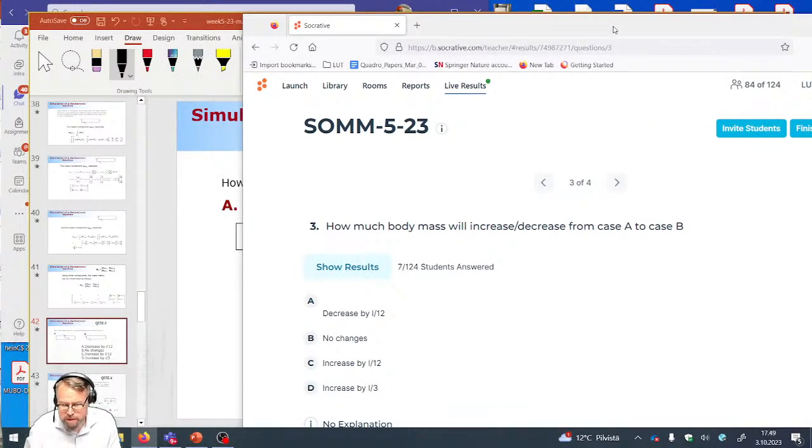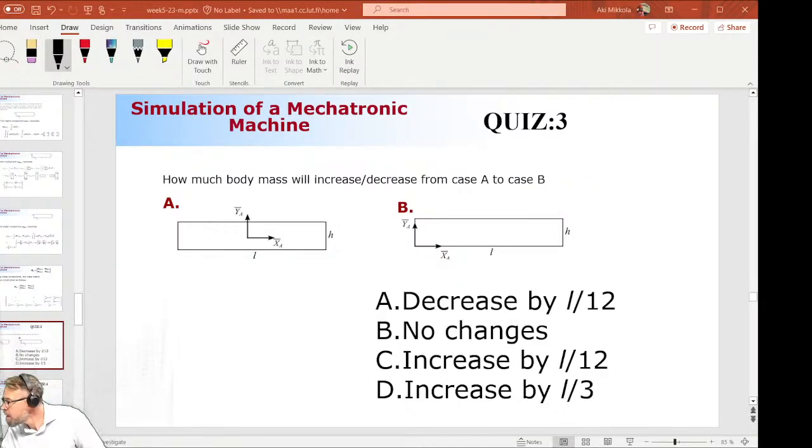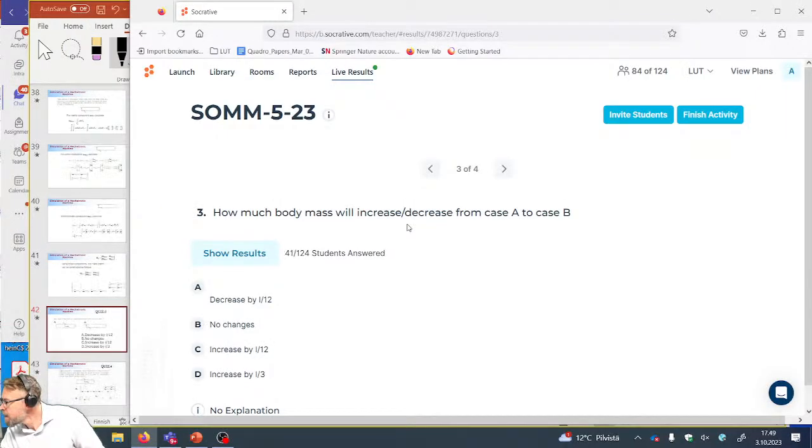So you see it already. Okay, so how much the body mass? Okay, you don't see this. How much the body mass?